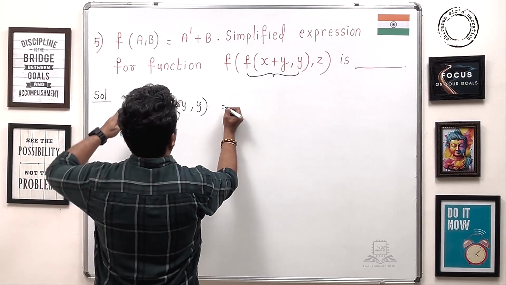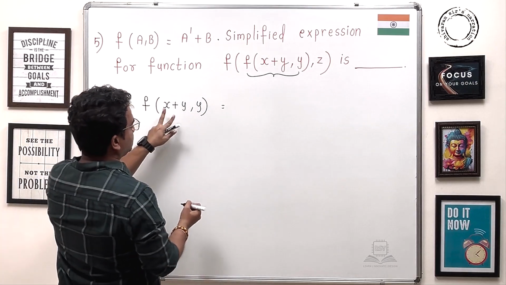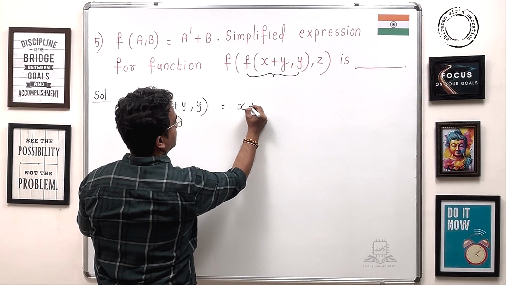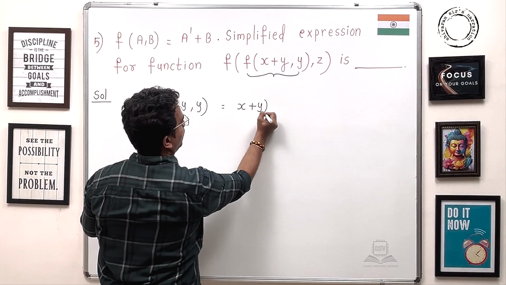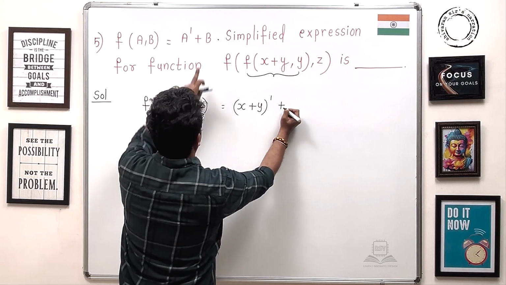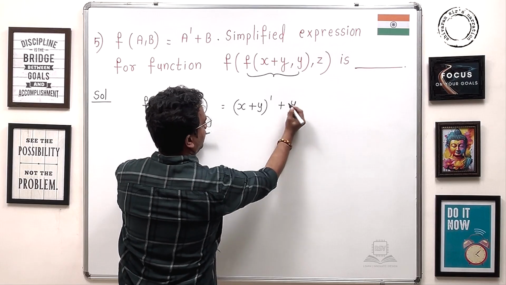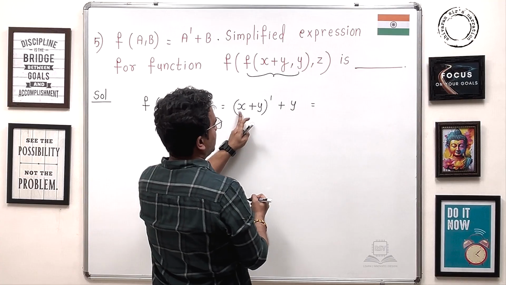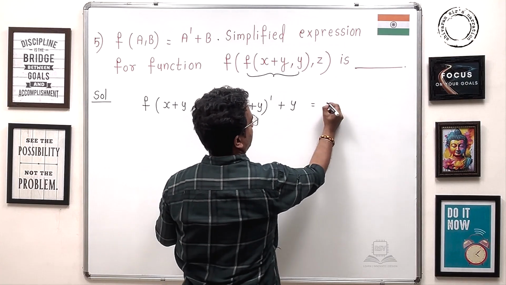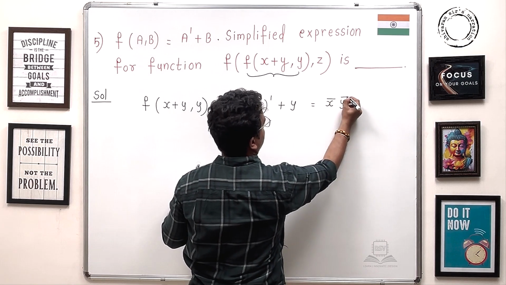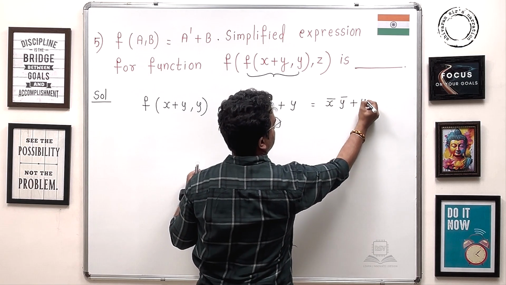As per this, how can you rewrite? Let's assume this is a, therefore x plus y whole bar plus b, which is y. Now guys, if you simplify this, x plus y whole bar is x bar into y bar plus y.